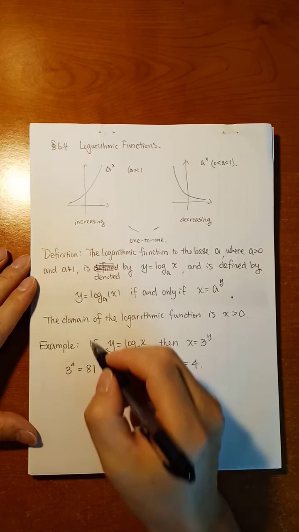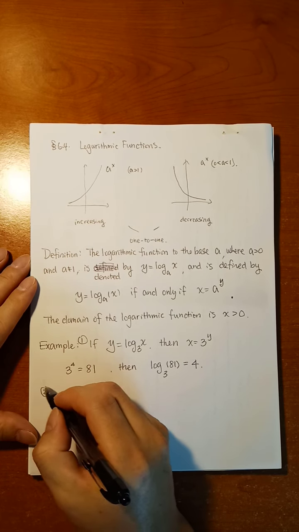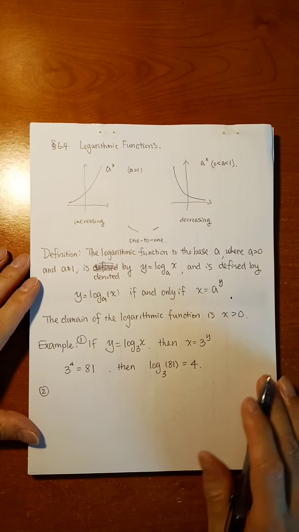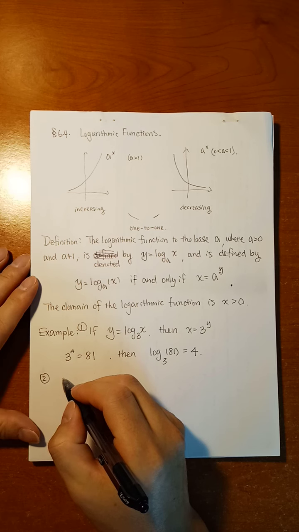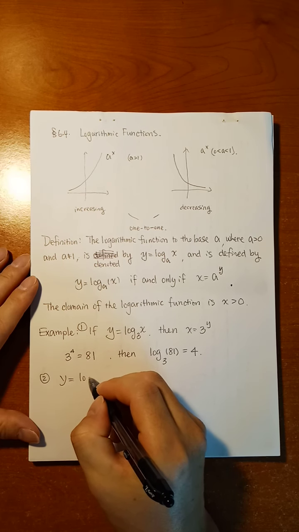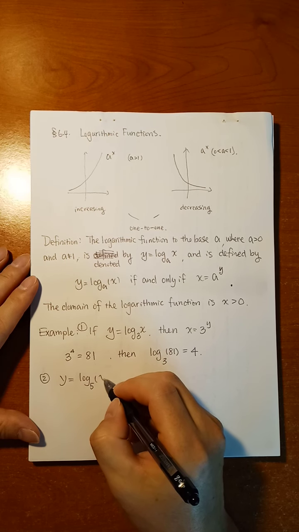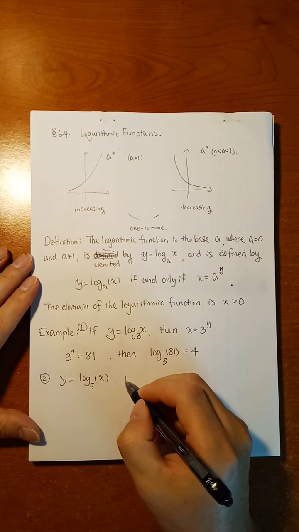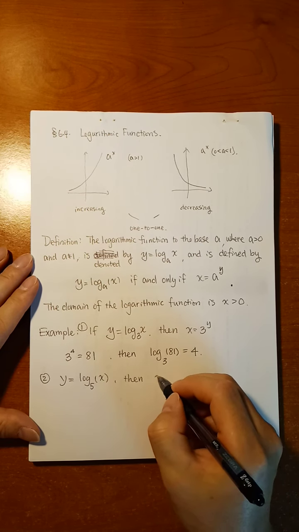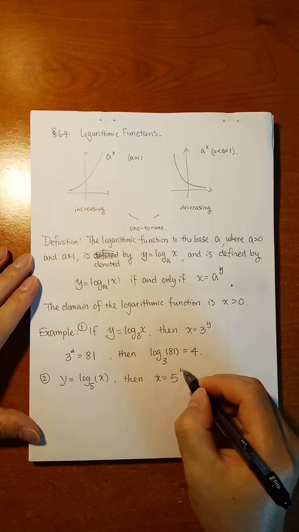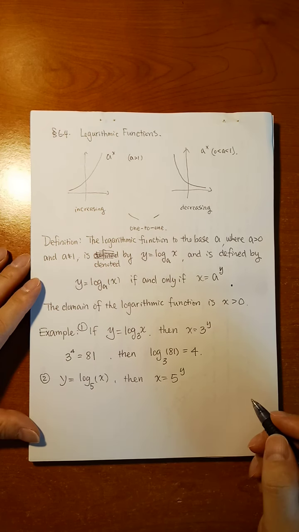For example, let's choose y as the logarithm to the base 5 of x. Then we get x is 5 to the y. Y is its exponent.